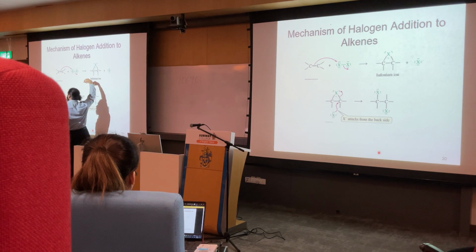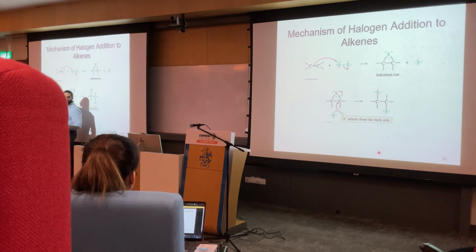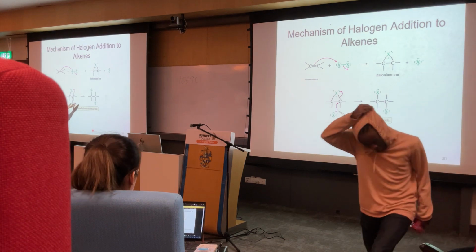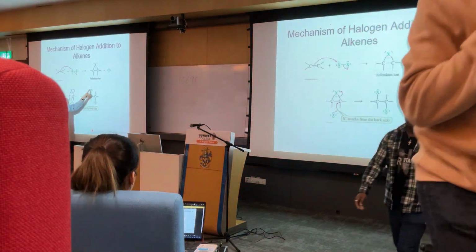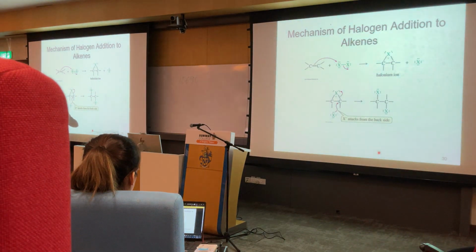If it attacks from there, then the halide ion will take away the halogen atom and the reaction will go in reverse order. Right? So instead of top side attack, it can only attack from the back side, from the base of the house. And as a result, the two halogen atoms which are added on the alkene always need to be put on the opposite side.